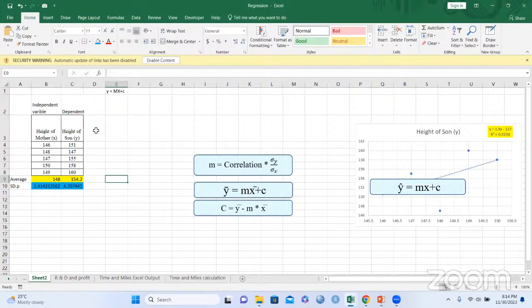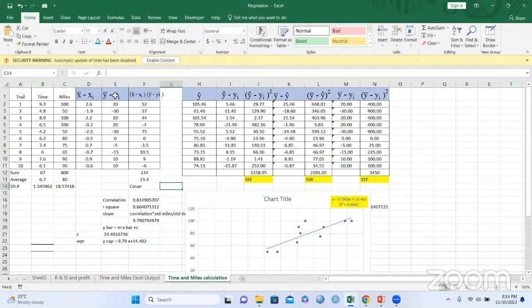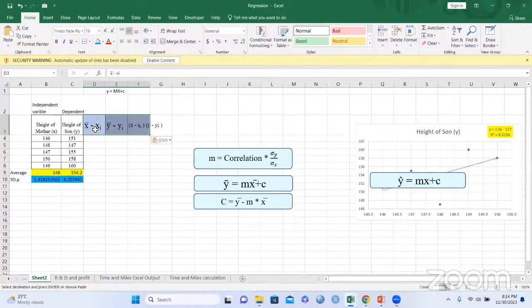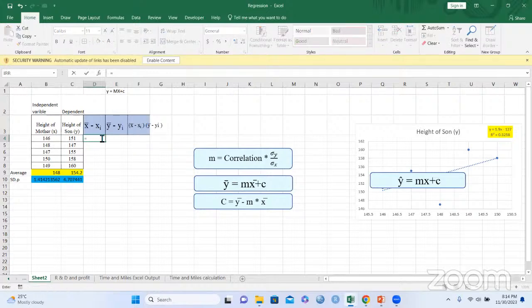As we have already seen in certain classes on correlation and covariance, first you have to find out the deviation of X and that variable. So first you have to find out these variables to find the covariance. That is x minus x bar, the variable minus the mean of this variable.